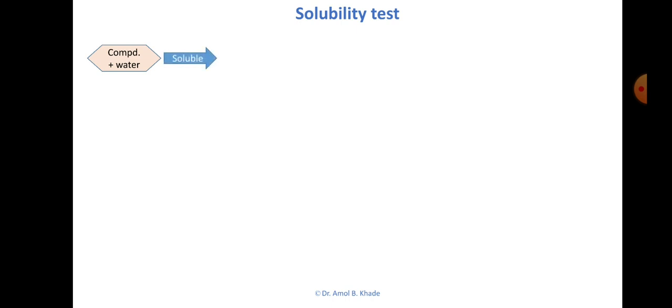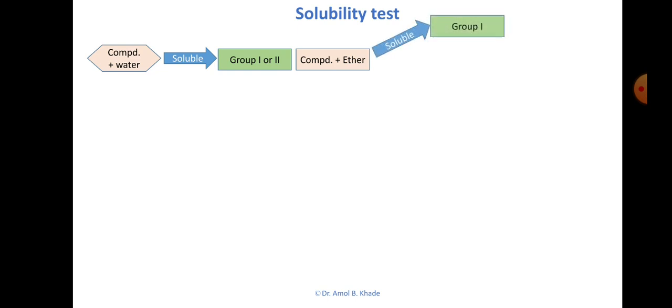Now suppose your compound is getting solubilized in the water; you can get the idea that your compound could be in group 1 or group 2. To specify whether it is in group 1 or group 2, you can take your compound in another test tube, add a little amount of ether and check the solubility.